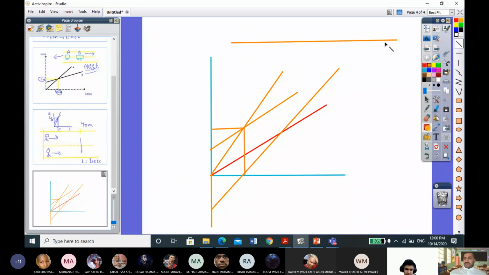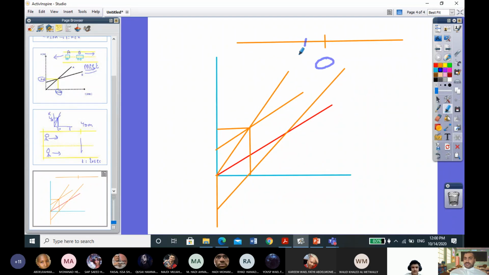This is -1. This is 1. This is a negative position. Position also has a direction, so it's a vector, and we can say it is -1, let's say.